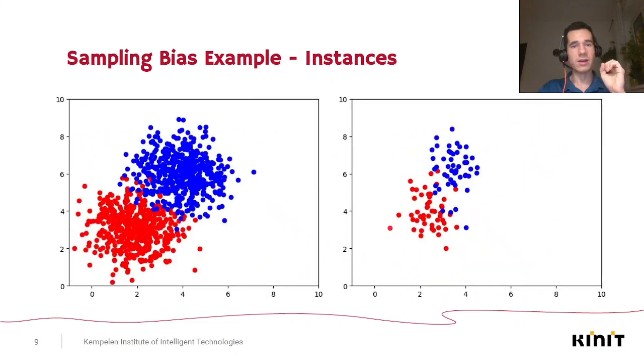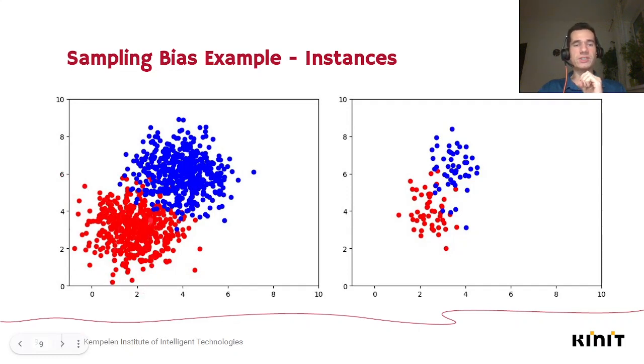Okay, so this is the sampling bias example. Consider this as our true distribution. As you can see, it's some kind of normal Gaussian distribution around this point, which is the mean, with some standard deviation. Blue is one class and red is the second class. I think I generated about 500 samples.